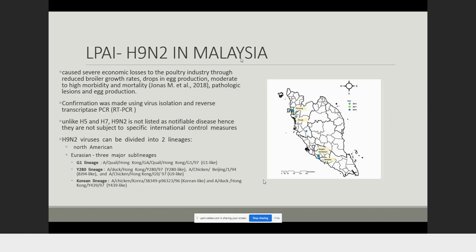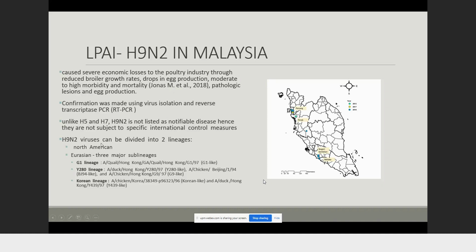It also caused moderate to high morbidity and mortality, and as I mentioned earlier, drops in egg production. Basically, in layer chickens, the part affected is the infundibulum.